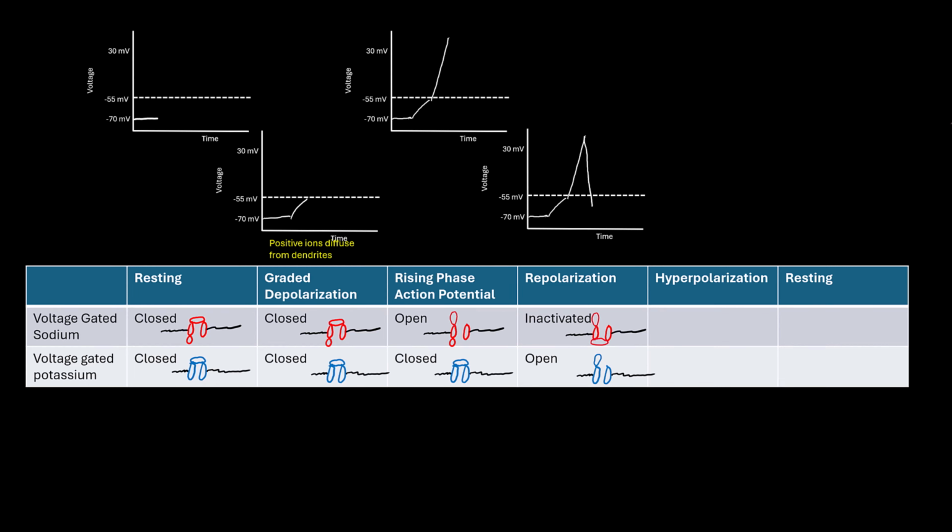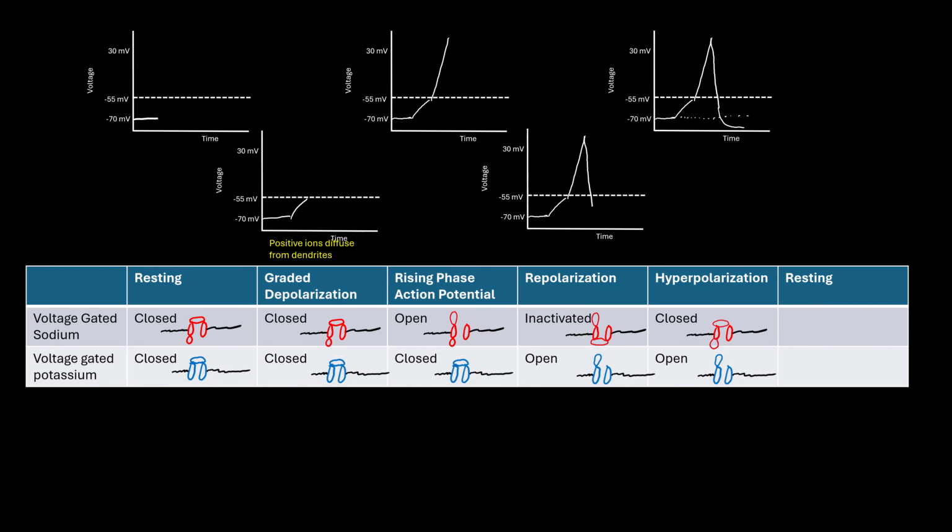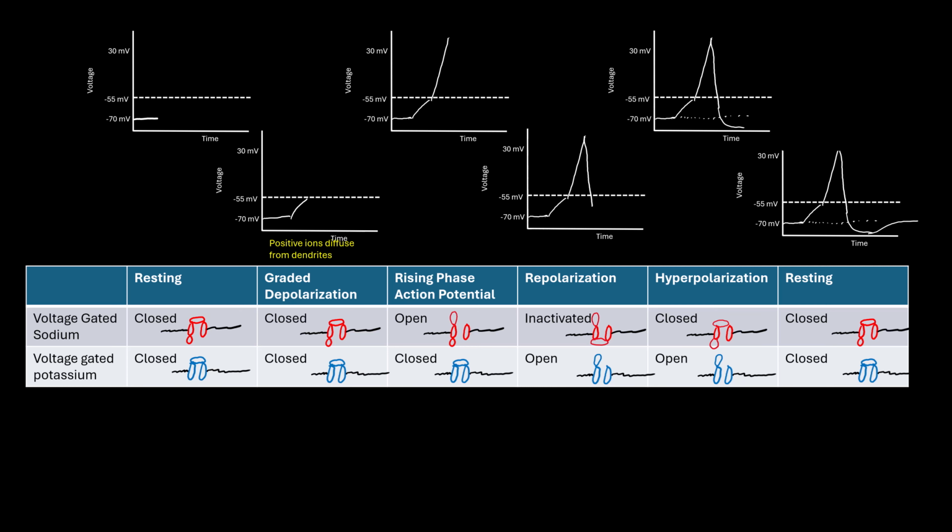As the cell gets more negative, the voltage-gated sodium channels flip into a closed shape. The voltage-gated potassium channels are still open, causing a hyperpolarization. Eventually, the voltage-gated potassium channels close, and the cell returns to its resting potential, with the sodium-potassium exchanger pumping ions to the appropriate place.